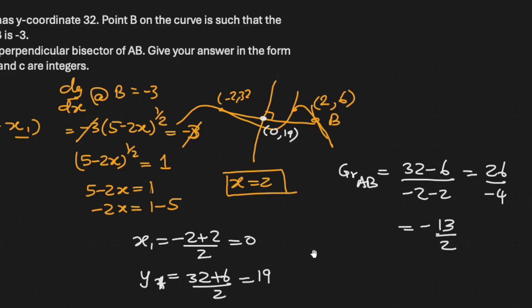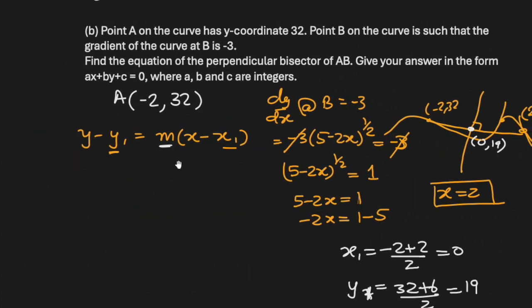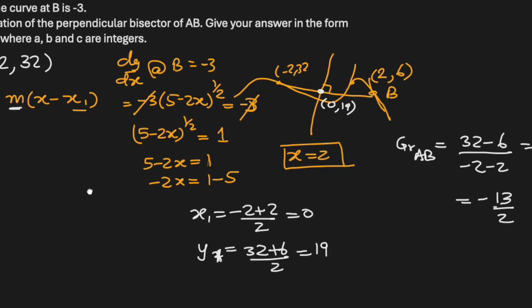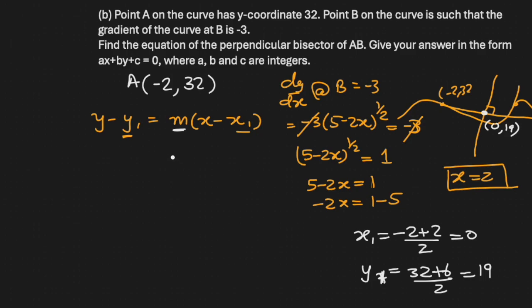Okay, so the gradient of the bisector will be the negative reciprocal of minus 13 over 2, which is 2 over 13. So 2 over 13 is the gradient. y minus the y coordinate, which is 19. x minus the x coordinate, which is 0.